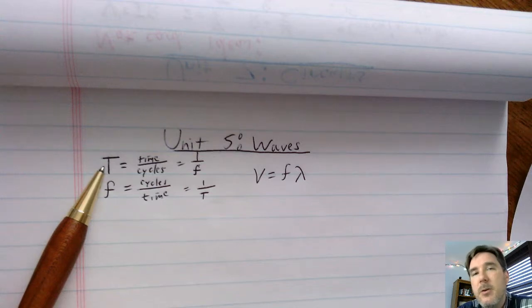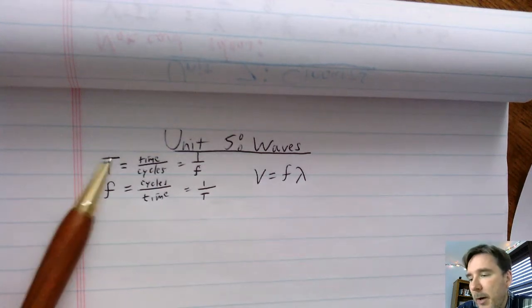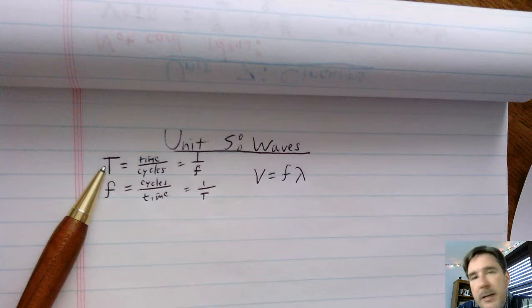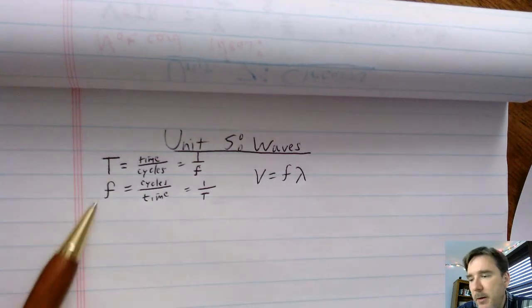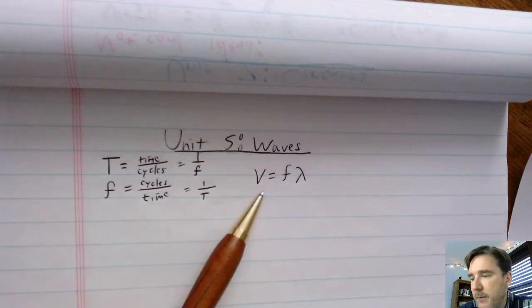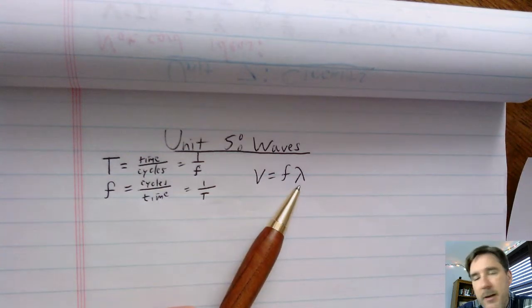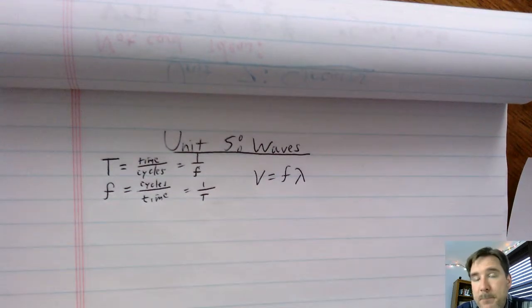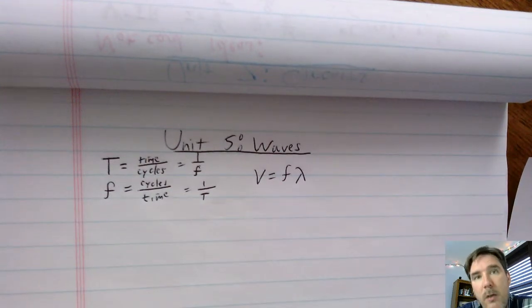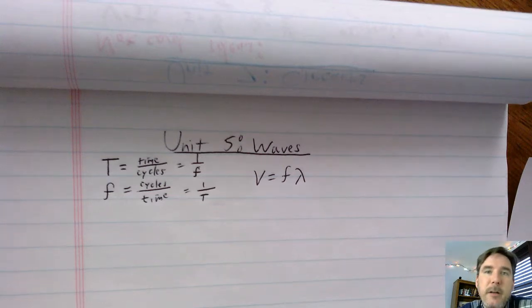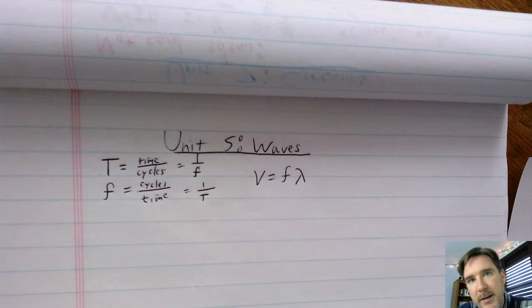If you want to write that on your note card, you certainly can, but don't take it for granted that you know what these things are. So make sure you know capital T is period, the little scripty f is the frequency, v is velocity, and this little thing right here is the Greek letter lambda, that's wavelength. Definitely make sure you know all those things and what all those letters stand for, because you're not going to want to be second guessing yourself on the day of the test.